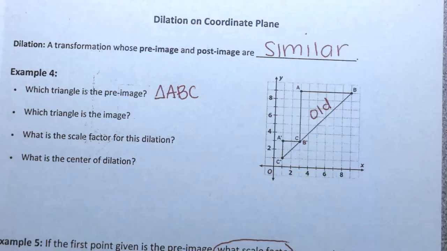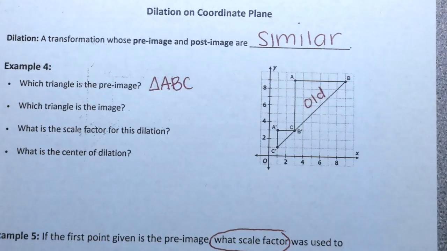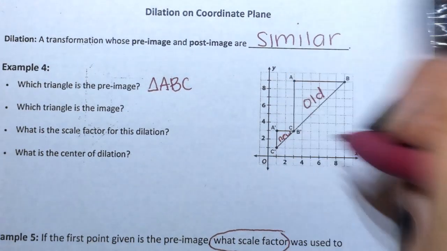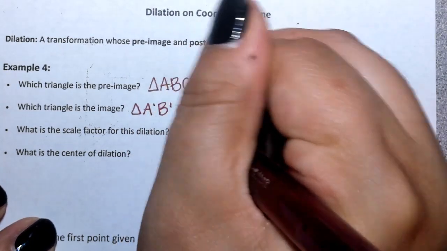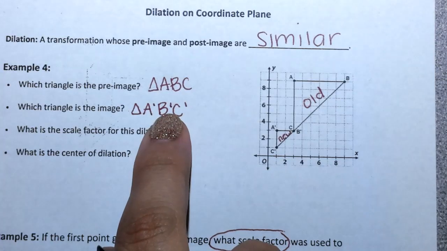Nico, Xavier, write it down. And which one's my new one? We call those primes. A prime, B prime, and C prime. That lets you know that's the new one. Can you please write that down?